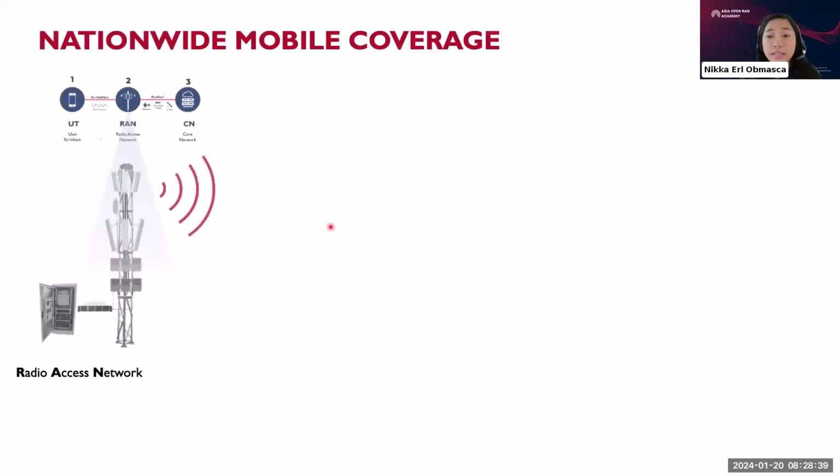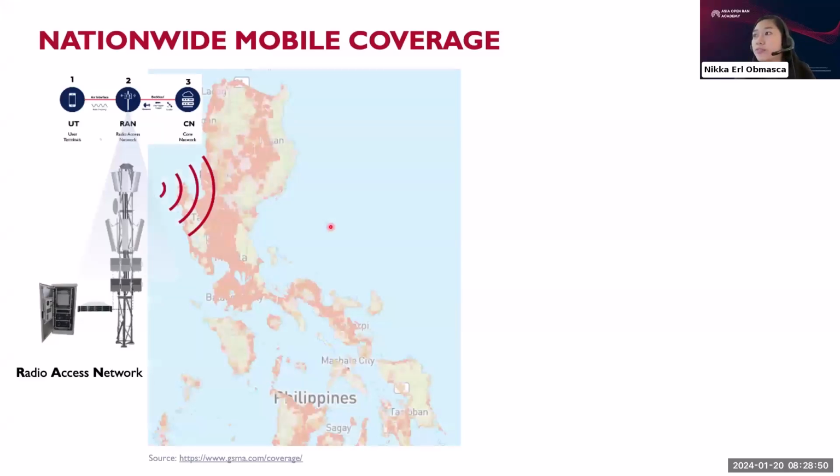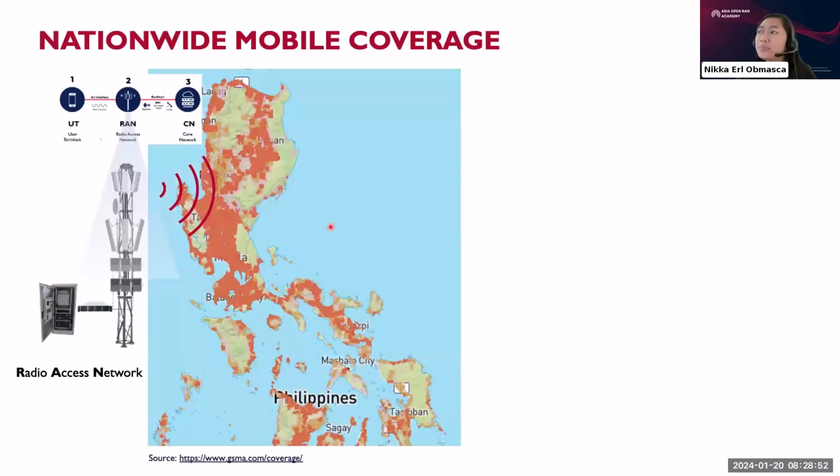Just like what I've said, it is strategically placed to provide wireless coverage within users' geographic area. This RAN gives signals to us for us to stay connected. And for the RAN components, such as these cell sites, it is critical that users have reliable and consistent access to the network services they need.